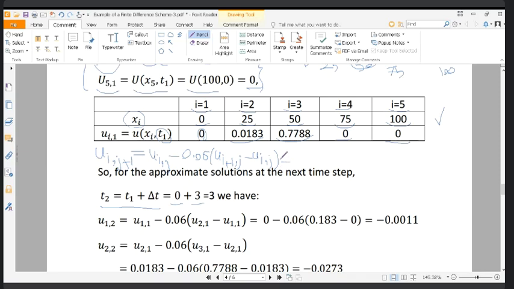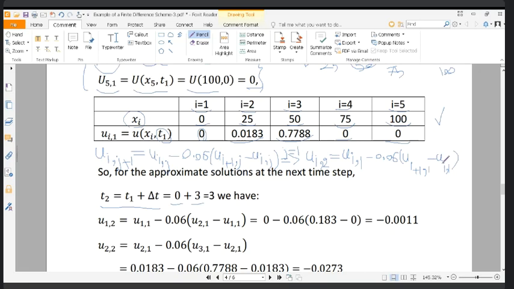Excuse me, my pen is interrupting. Okay, u of i and j plus 1. When we put j equal to 1, we have u of i and 2 equal to u of i and the previous step, meaning u of i and 1, minus 0.06 times u of i plus 1 and 1 minus u of i and 1.